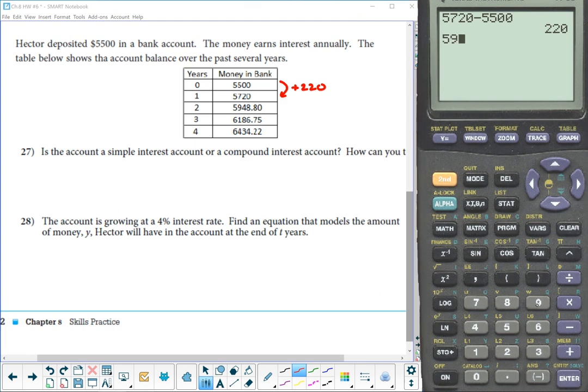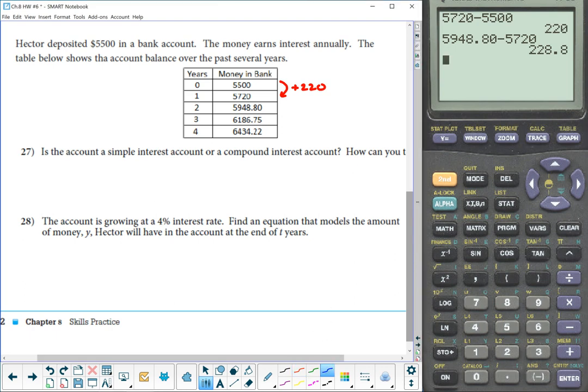So 5,948.80 minus 5,720, and see, the next year you're actually adding a different amount. From the first year to the second year, you're actually making $228.80. See how it's a little bit more, and it's going to keep getting bigger and bigger from there.